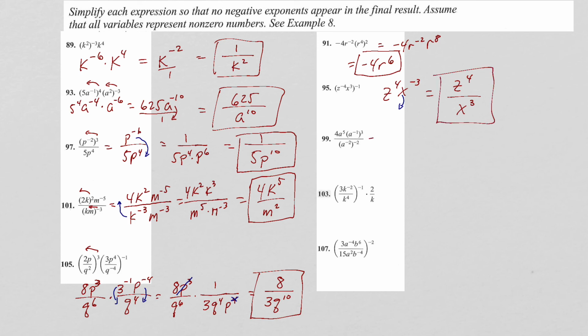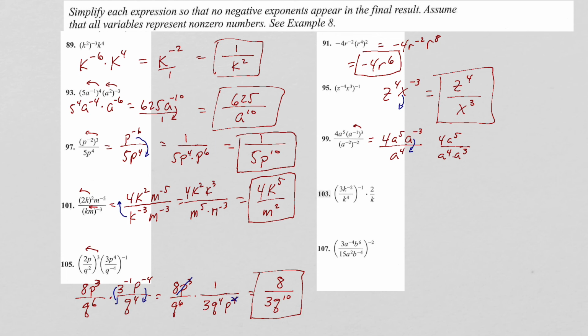Okay. This is going to be 4 a to the 5th, a to the negative 3 when we bring this in, over a to the positive 4. So I'll bring this down, and we're going to have 4a to the 5 over a to the 4 and a to the 3.